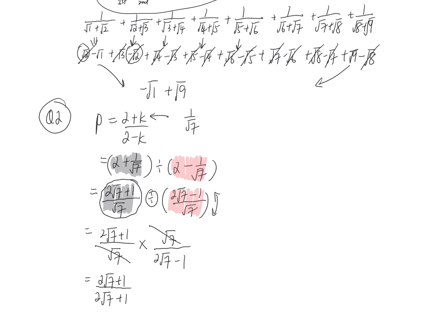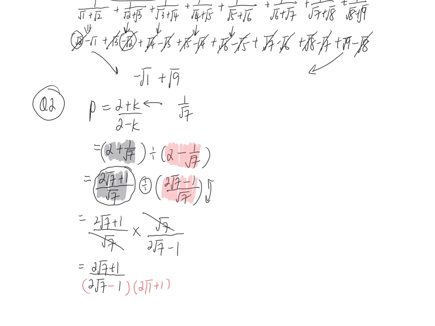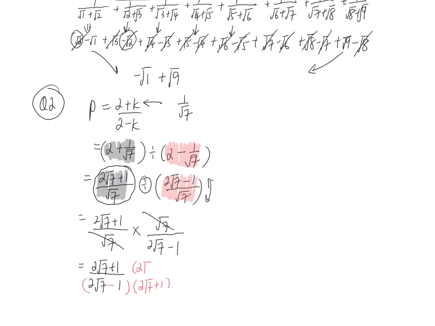So to rationalize, I multiply this. Okay, wait, I copied this wrongly. By 2 root 7 plus 1. So this is also 2 root 7 plus 1. Okay, at the bottom, I square this.